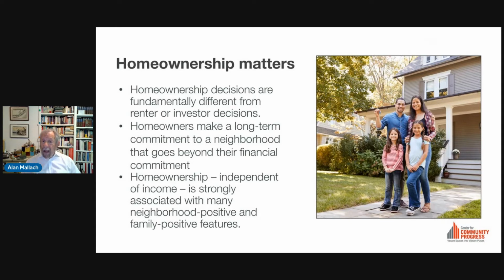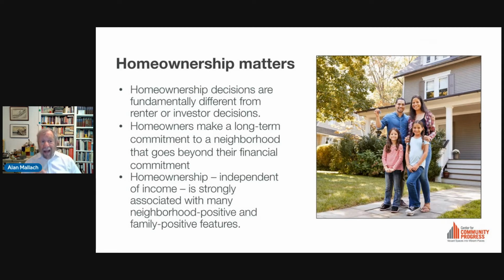And then finally, and believe me, there is a huge amount of research comparing homeowners and renters. Most of it holds things like income level, race, and family characteristics constant. So it's not looking at homeowners in general and renters in general, but at homeowners and renters of the same characteristics. And they find consistently that homeownership is more supportive of positive neighborhood features and more supportive of positive family features as well than renting.